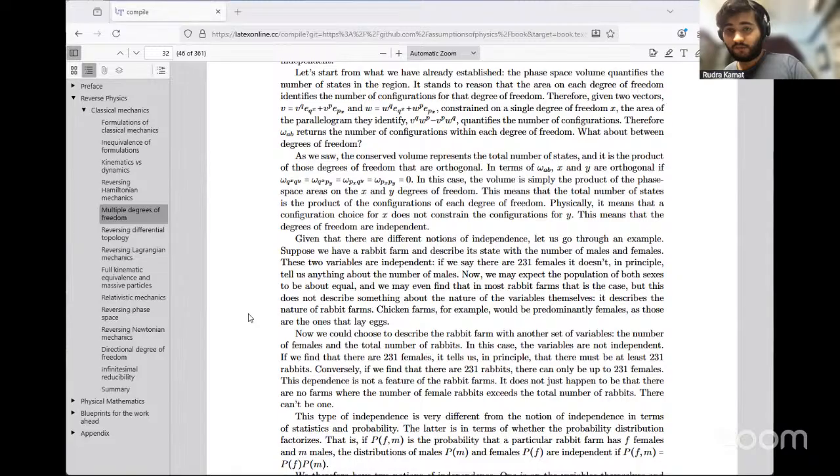In this case, the volume is simply the product of the phase space areas on the x and y degrees of freedom. This means that the total number of states is the product of the configurations of each degree of freedom. Physically, it means that a configuration choice for x does not constrain the configurations for y. This means that the degrees of freedom are independent.